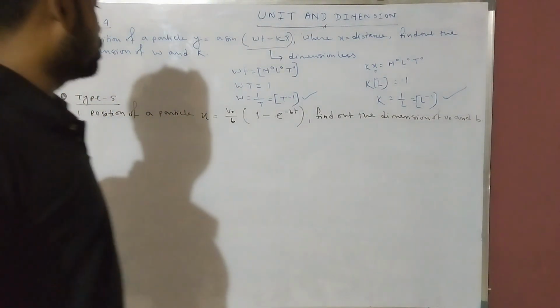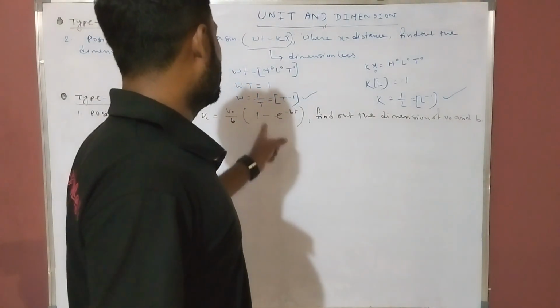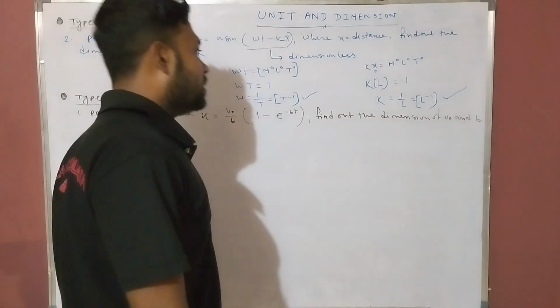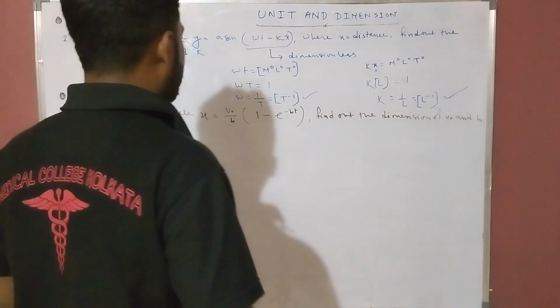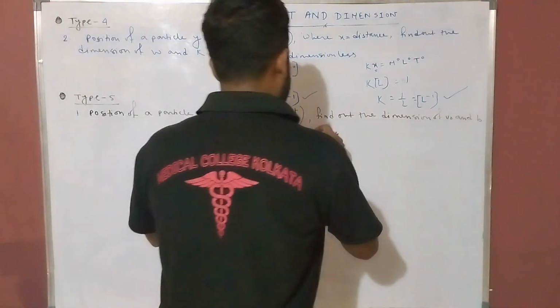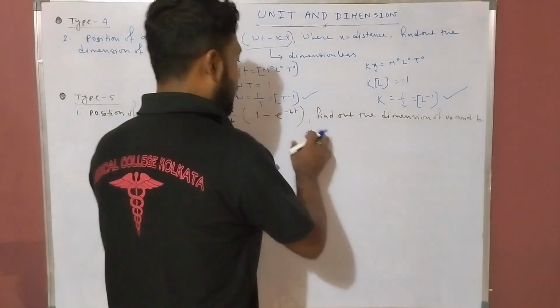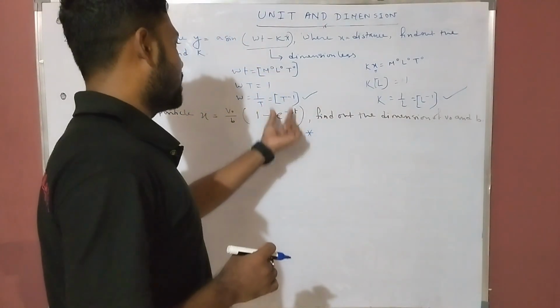Position of a particle x is equal to v naught by b into 1 minus e to the power minus bt. You have to find out the dimension of v naught and b. Let's see. This is an exponential function.